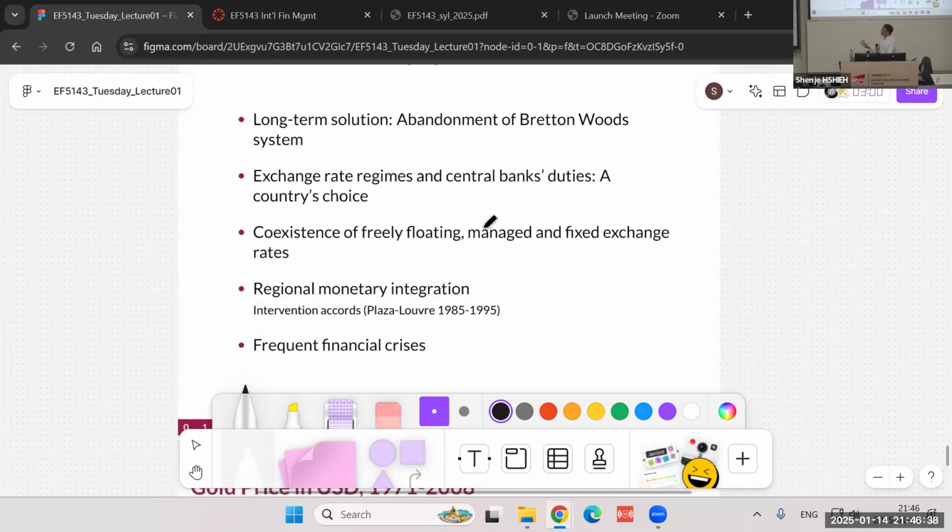All right, so after the abandonment of the Bretton Woods system, all currencies now are free floating for the most part, okay? Meaning that it's backed by your belief and faith in the government. That is what's maintaining the value of a currency.